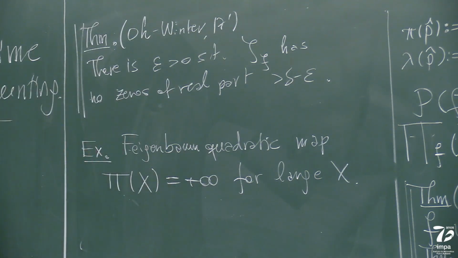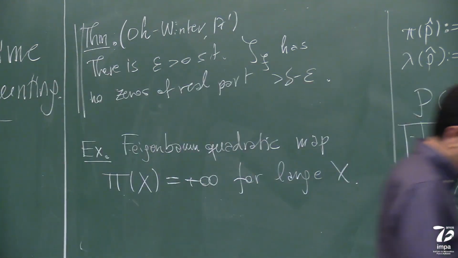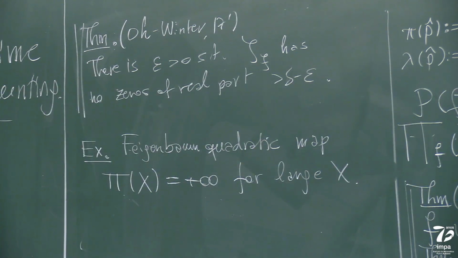The reason is that the renormalizations of this map converge in C1 topology, so the alpha fixed points of the nth renormalization will have a multiplier that converges to some limit, and you just take any x that is bigger than that limit, you'll get infinitely many periodic points. Okay, so basically the upshot is that it's perhaps difficult to go beyond Collet-Eckmann.